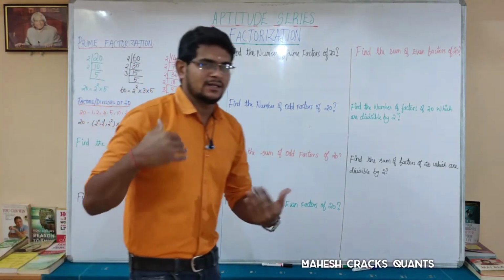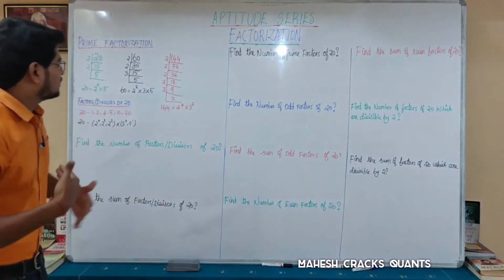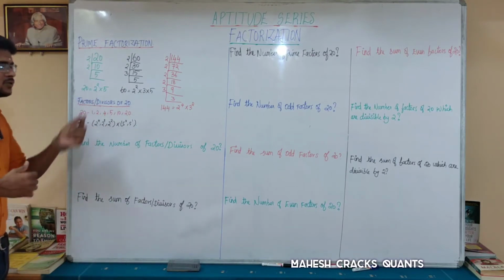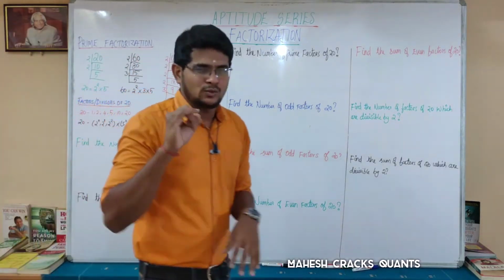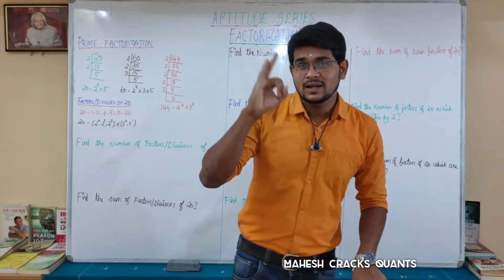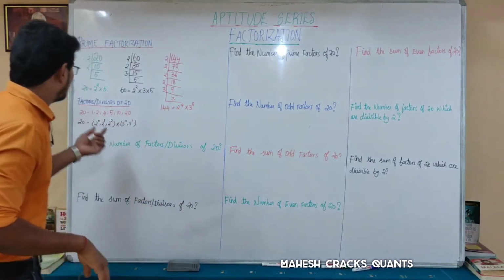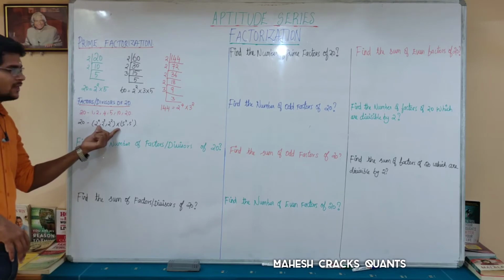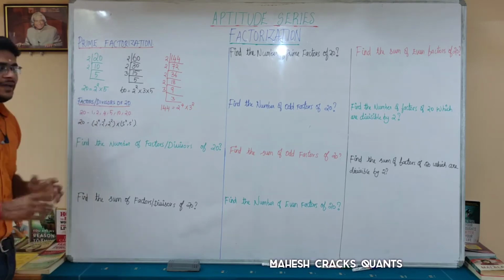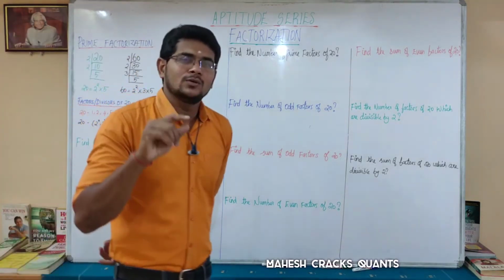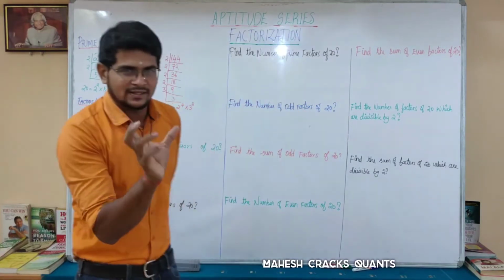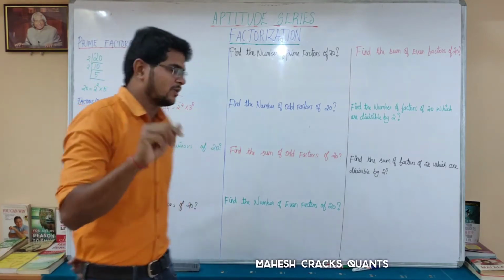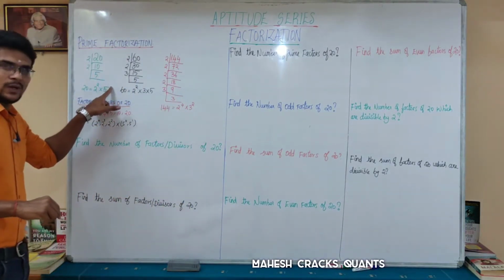So why are we calculating this? Listen here. When it comes to prime factorization, you have to write it like this. In 2 square, what are the numbers there? 2 power 0 is there, 2 power 1 is there and 2 power 2 is there. Similarly, 2 square into 5 means 2 power 0, 2 power 1 and 2 power 2 inside 2 square, as well as 5 power 0 and 5 power 1. 5 is nothing but 5 power 1.